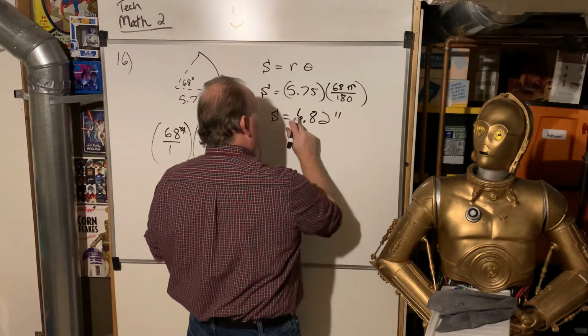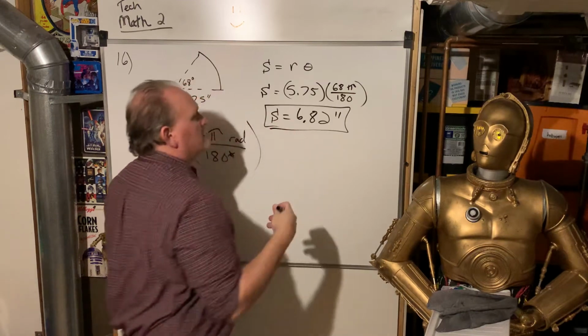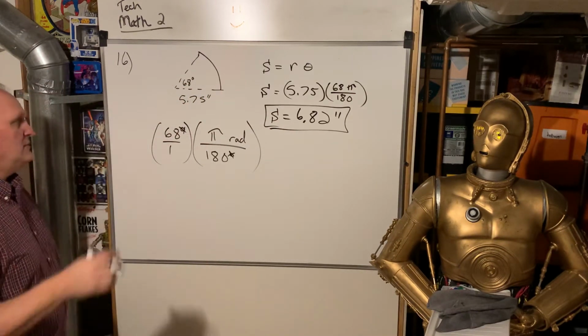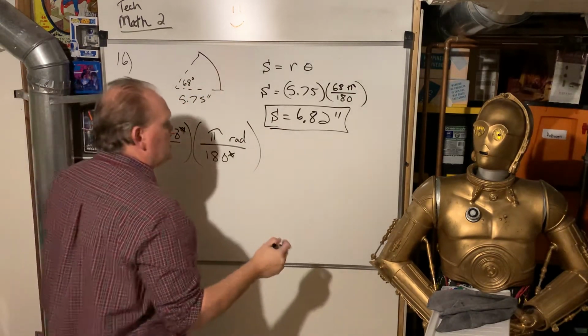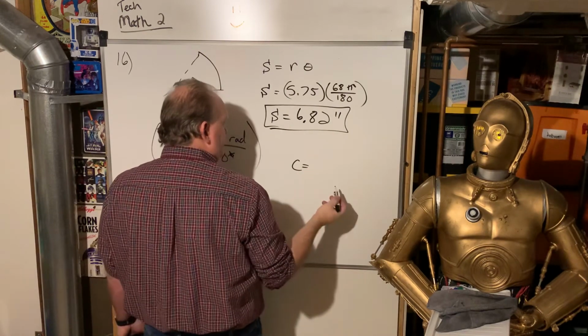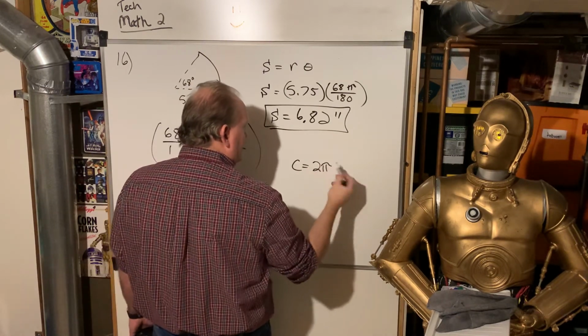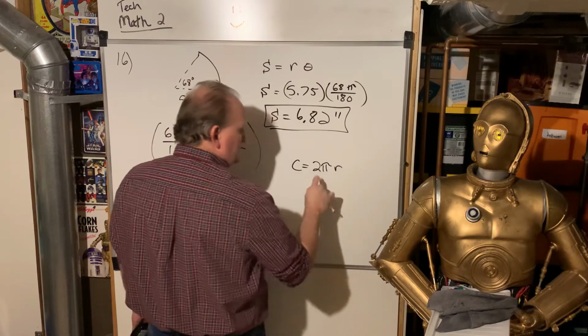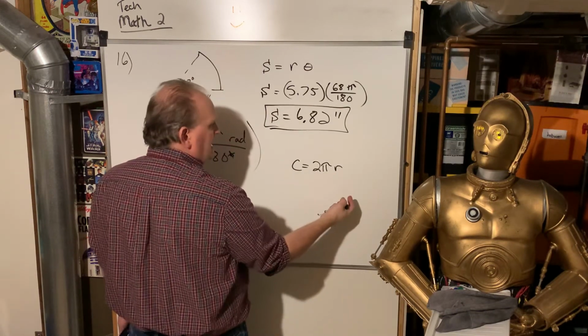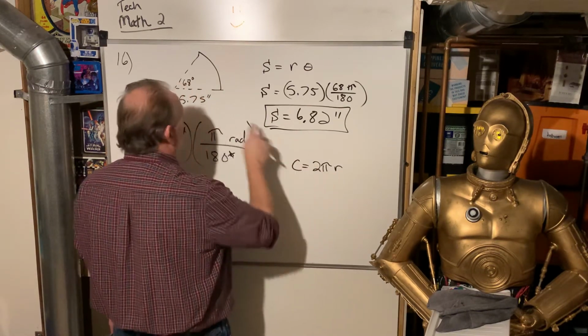Inches. All right? So I told you there's another way to look at this. The formula for circumference is 2 pi r, or pi times diameter. So 2r, 2 times the radius, is diameter. I'm going to go 2 pi r because we have r.